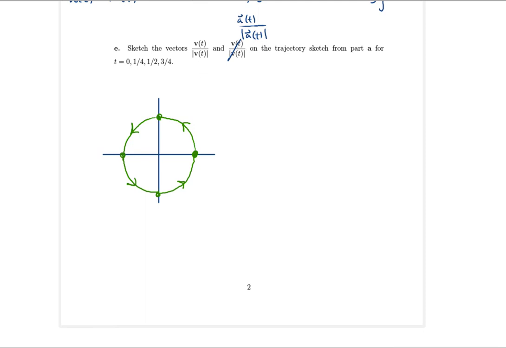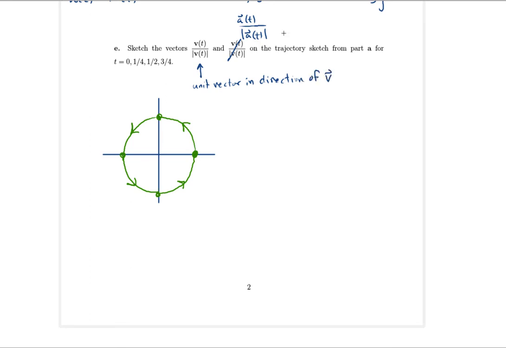So this v over the magnitude of v, we're just going to understand this as a unit vector in the direction of v.